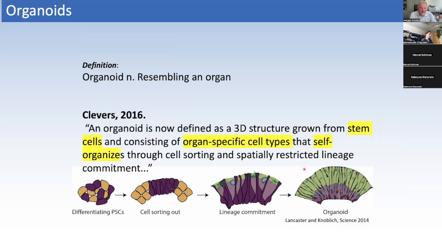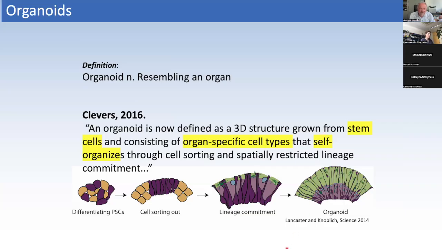And in addition, other people have also included that the organoid has to be able to fulfill at least a few of the functions of the specific organ. So number one, derived from stem cells. Number two, has the organ-specific cell types. Number three, they arrange in the correct way. And number four, the organoid performs at least some of the functions.